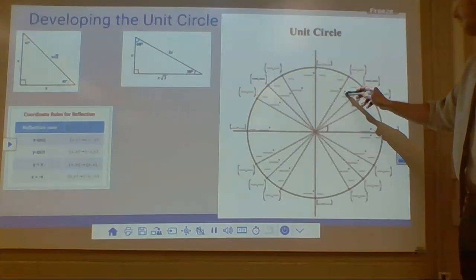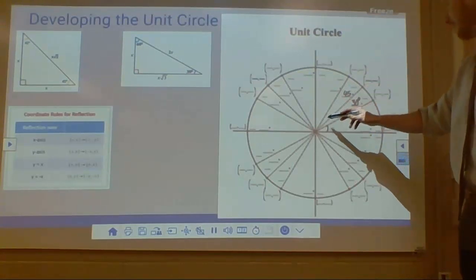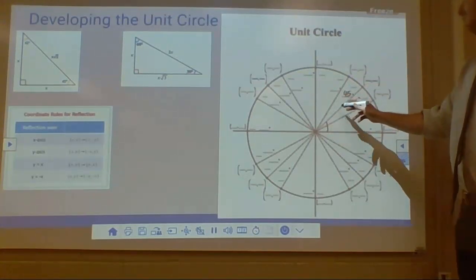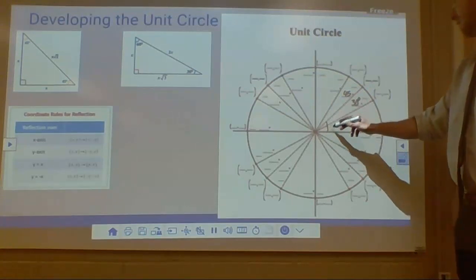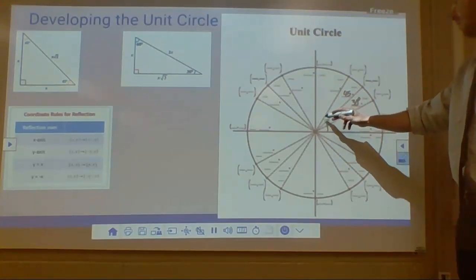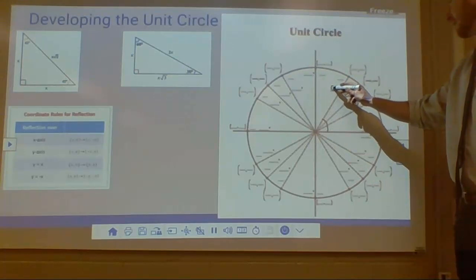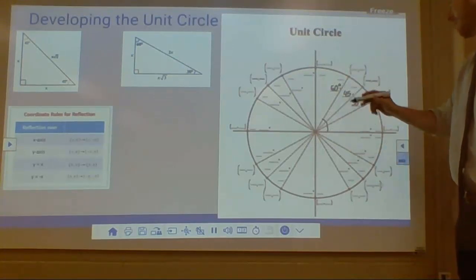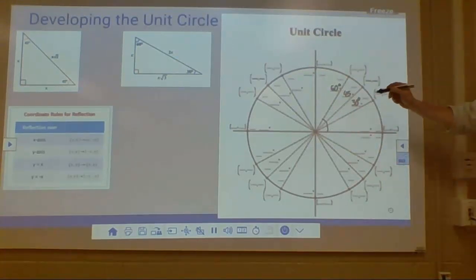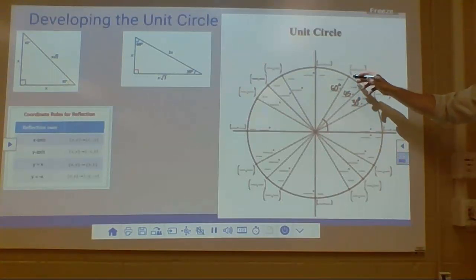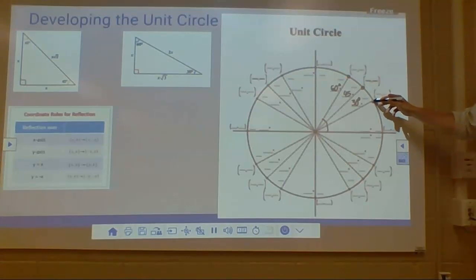This will be a 45-degree angle here. This angle right here formed by this line and the x-axis, that's a 30-degree angle. And then we have a 60-degree angle there, okay? So we are going to find the point values at each of those angles, okay?